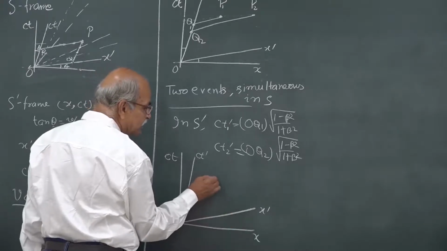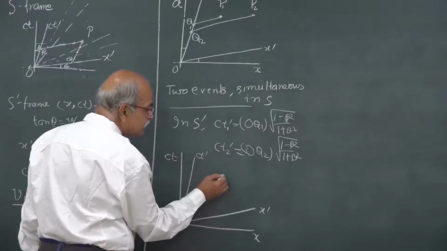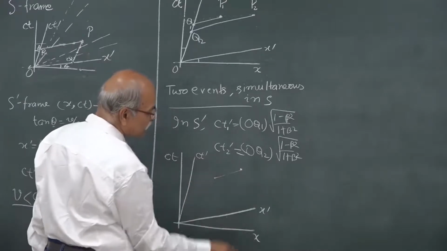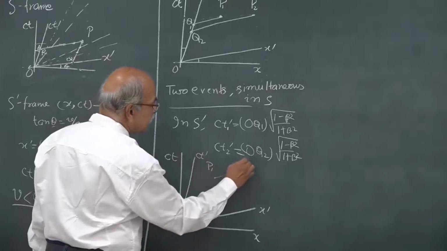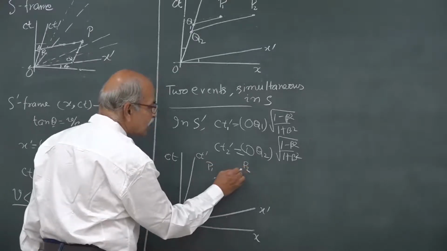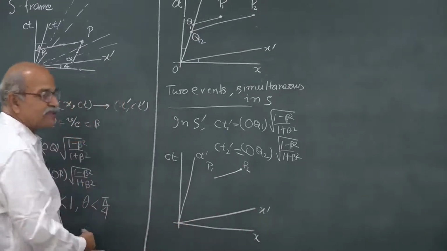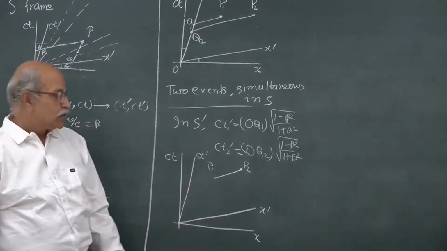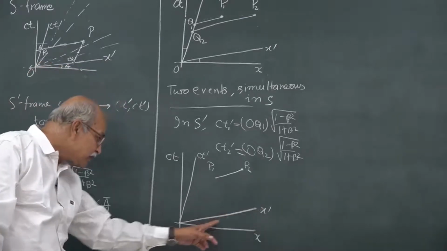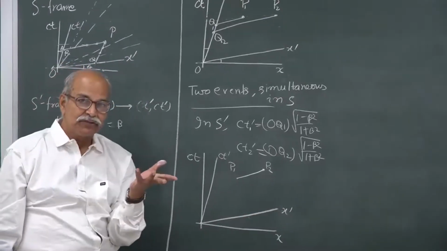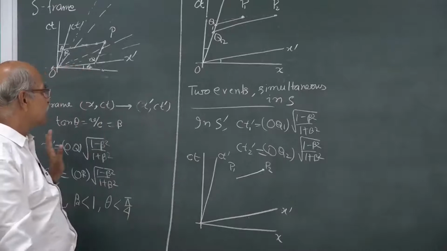So, one point is here and another point is here, P1 here and P2 here, and this line P1 P2 is parallel to this x prime axis. So, if you are moving parallel to x prime axis, t prime does not change, just like in our normal xy plane.